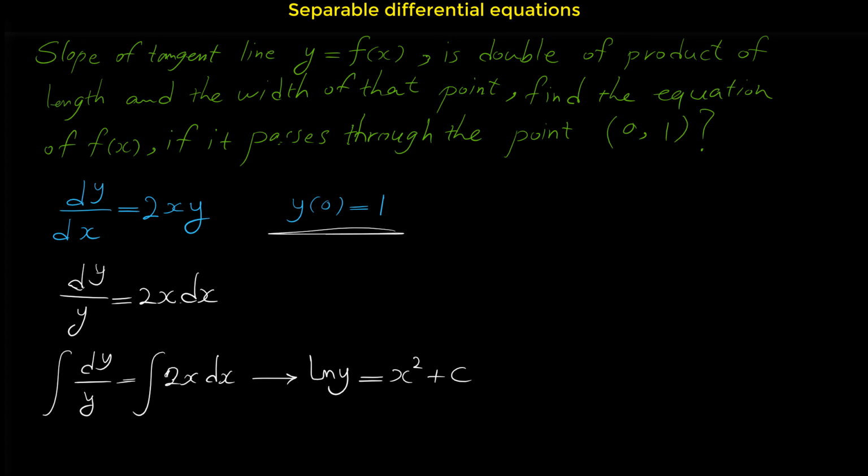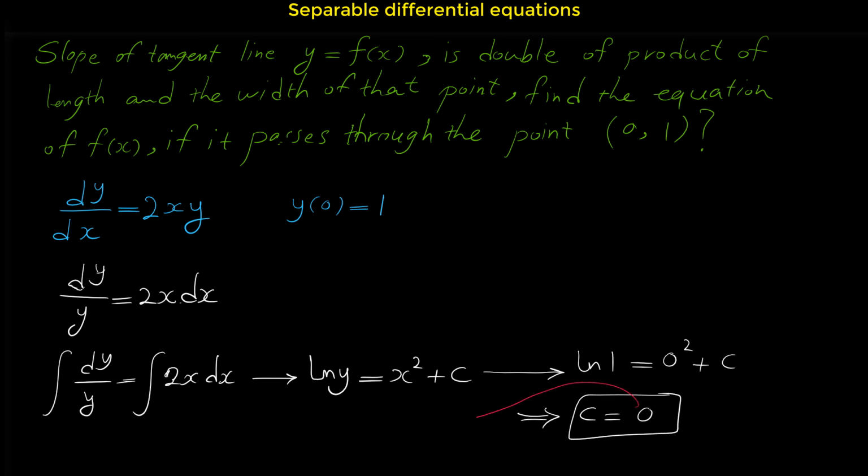Now we can use this initial condition for finding c. When we plug in 0 for x, y equals 1. So we plug in 0 for x and 1 for y. So we have ln of 1 equals 0 squared plus c. ln of 1 is 0, so c is 0.